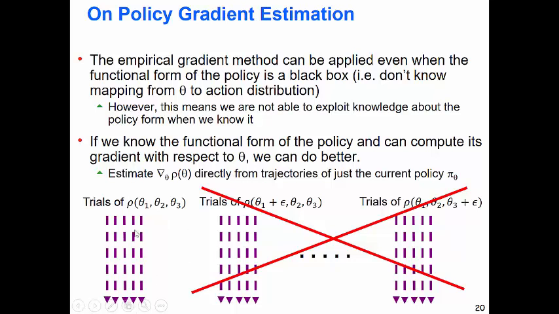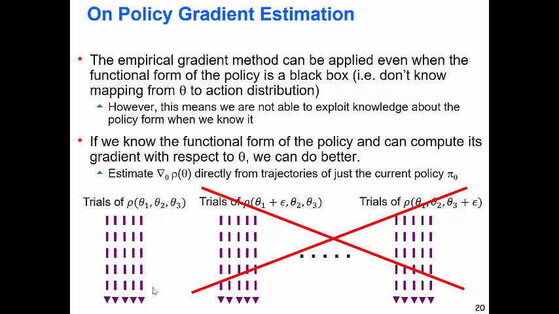In particular, it would be really nice if we've got our current policy with the current parameters, and we could just run that one policy multiple times, as opposed to all of these tweaked policies. If you could just run these and estimate the gradient from just these trials, that's what we're going to try to do now.